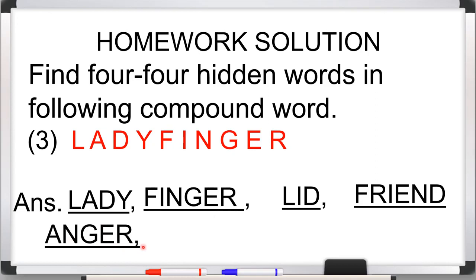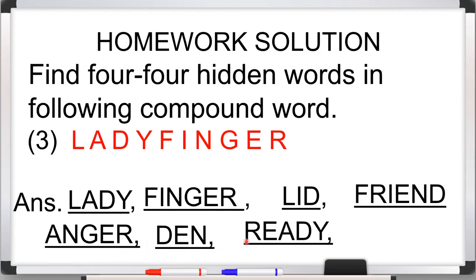Next is anger, ANGER. Anger means gussa. Okay. Next is den, DEN. Next word is ready, READY. And delay, DELAY. Delay का मतलब होता है देरी से. ओके, और रेडी का मतलब होता है जब कोई चीज तैयार हो जाती है तो हम बोलते हैं कि the thing is ready. Okay.